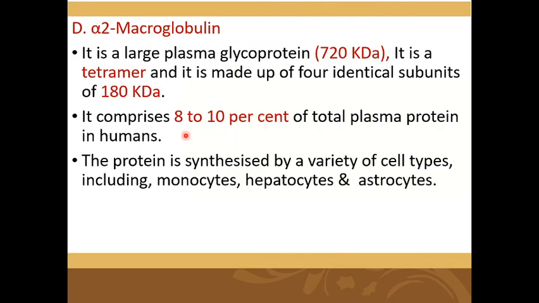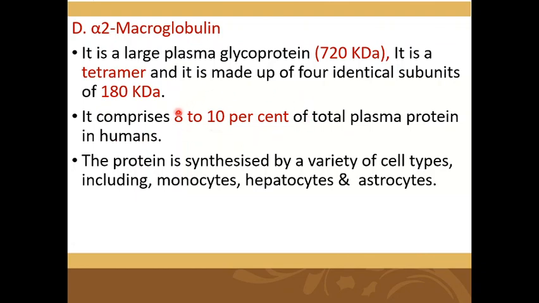Alpha-2 macroglobulin. It is a large plasma glycoprotein. Again, glycoprotein, carbohydrate is combined with the protein. It is a tetramer, 4 units. It is made up of 4 identical subunits, and it makes up 8 to 10% of the total plasma protein.